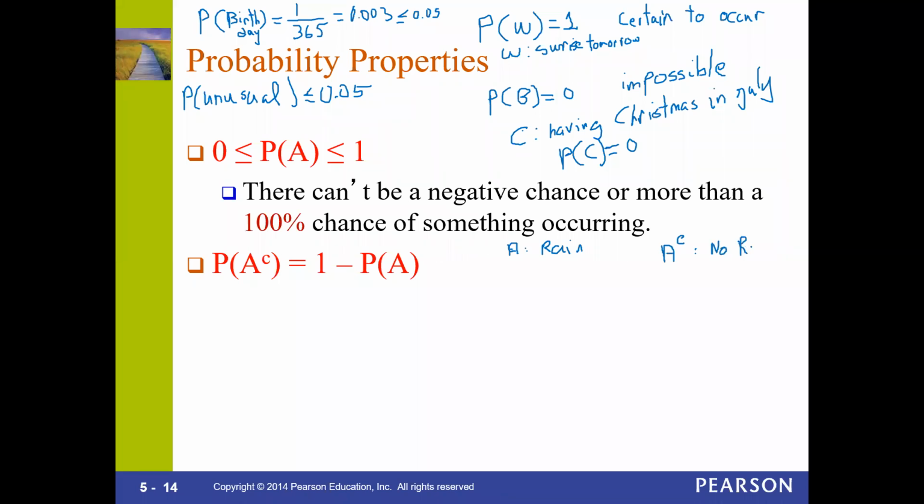That's called the complement. You can read it as A complement. So if A is rain, that means A^C will be no rain.